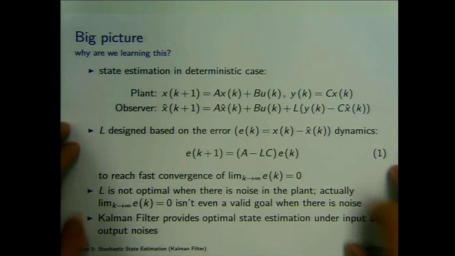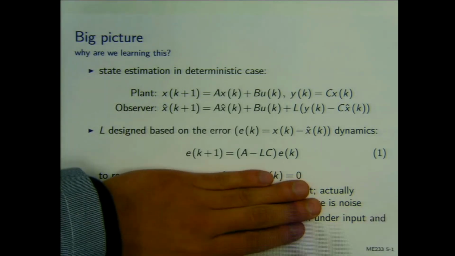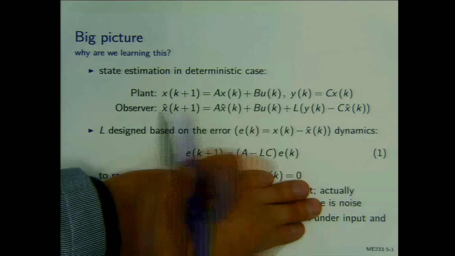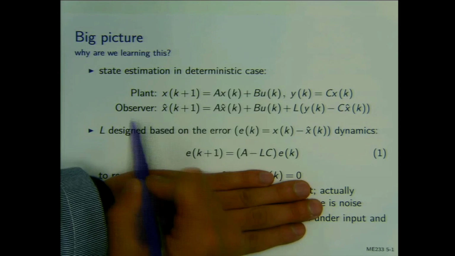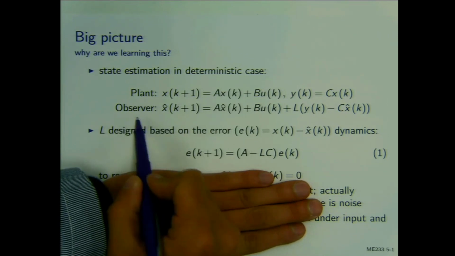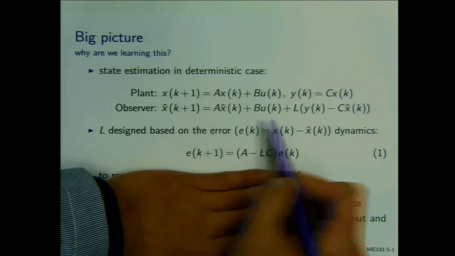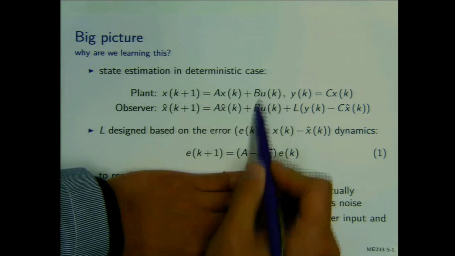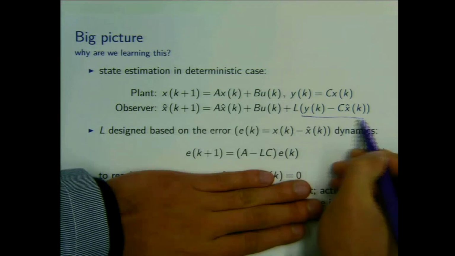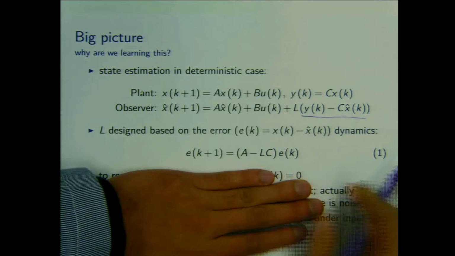The big picture, I want to quickly talk about why we are doing this, why we are learning Kalman filter. First of all, now we are very familiar with the deterministic case of the state estimation, meaning observer design, where we don't have noise, and we know how to design observers. This is one way to design the observer. We just use the system matrices, and then we add this error term between the true output and the estimated output.